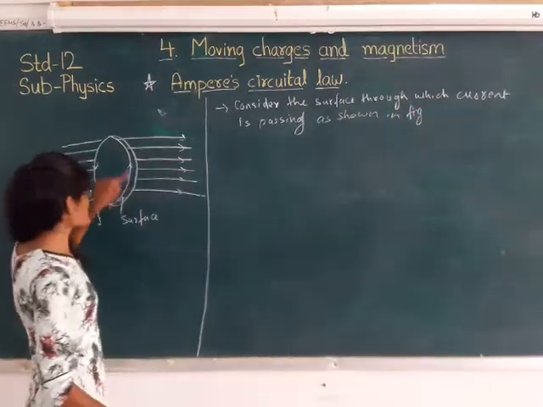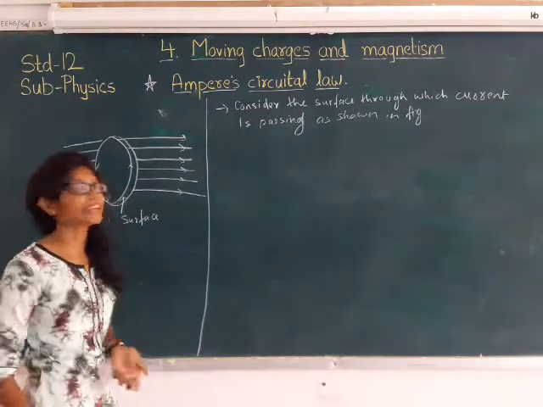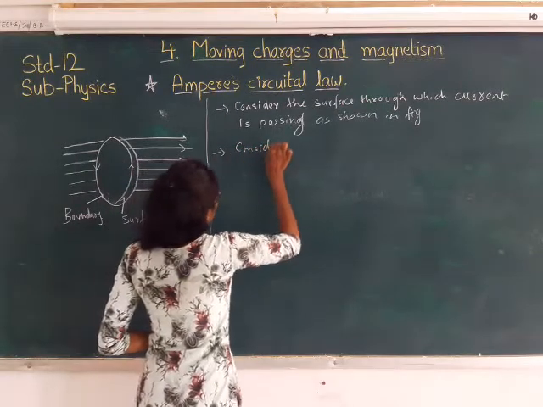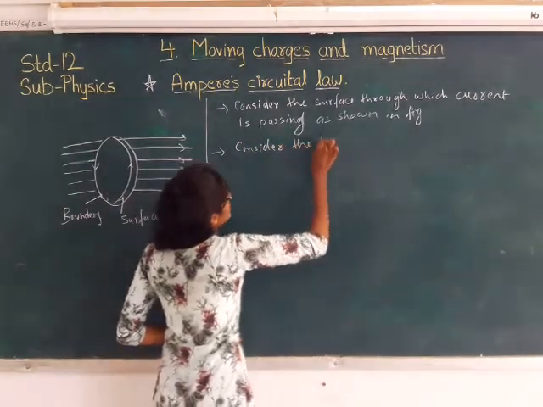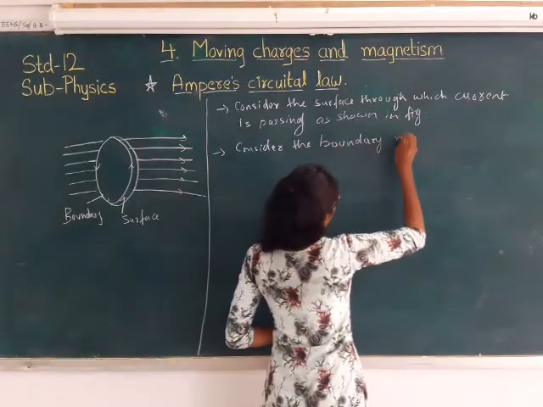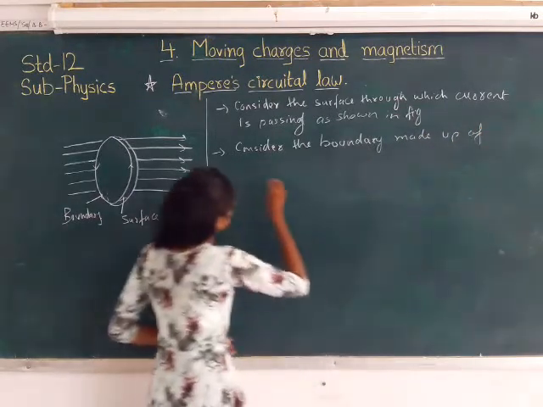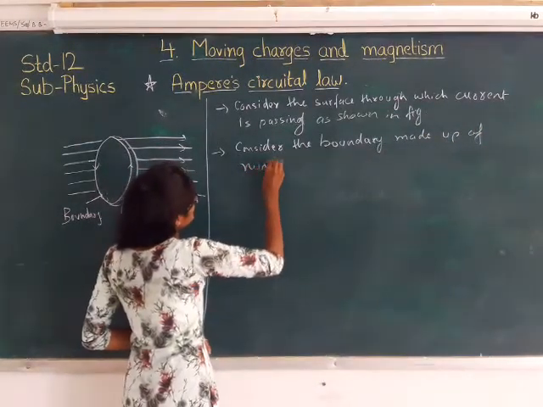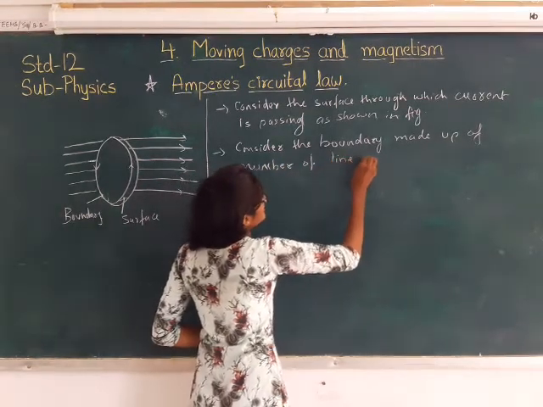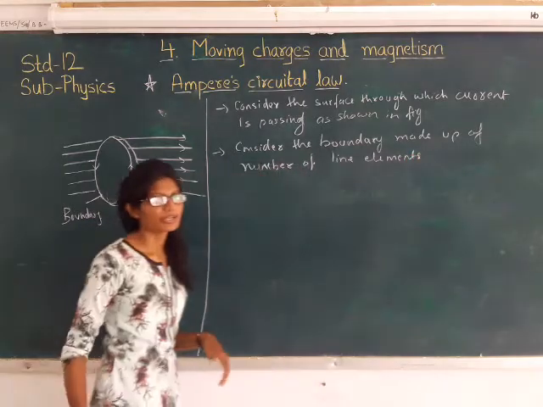Now we are considering this boundary of the surface which is made up of a number of line elements. Consider the boundary made up of a number of line elements, right?